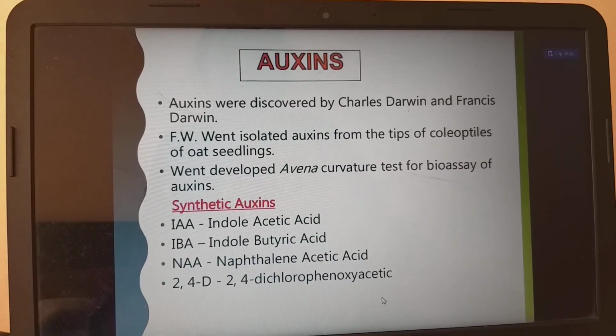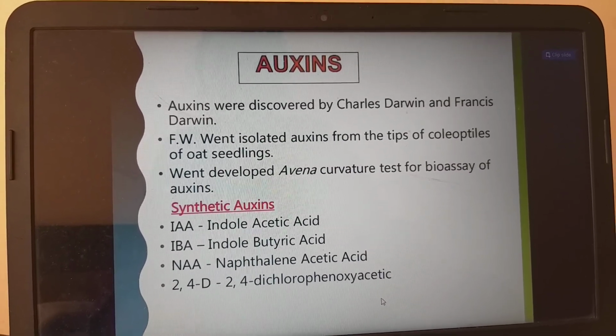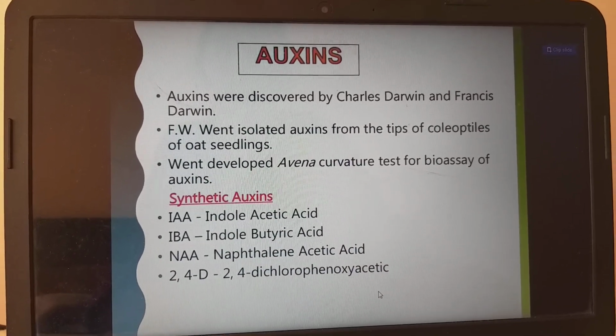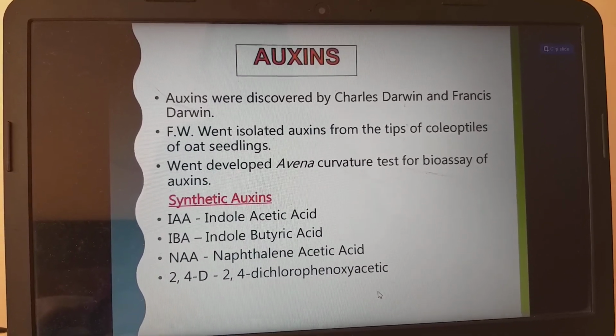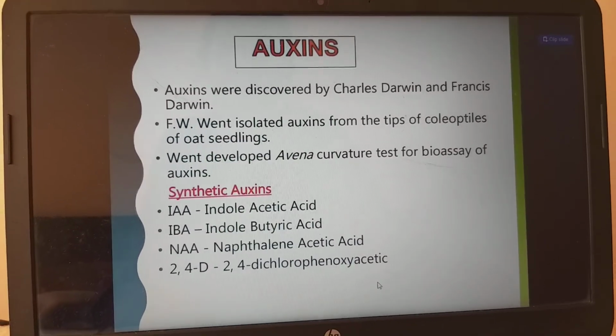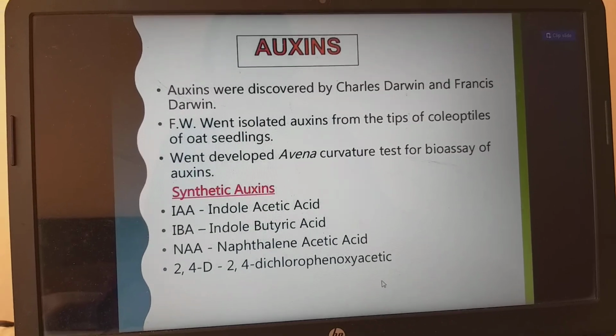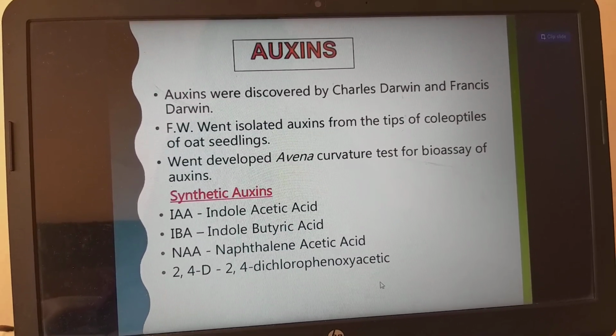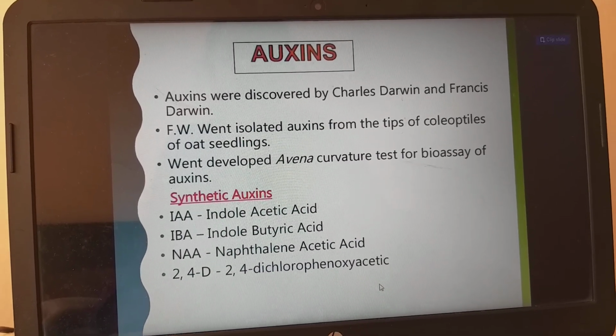So, auxins. Auxins were discovered by Charles Darwin and Francis Darwin. F.W. Went isolated the auxins from the tip of coleoptiles of oat seedlings. Went developed the Avena curvature test for bioassay of auxins. The synthetic auxins are IAA, IBA, NAA and 2,4-D.